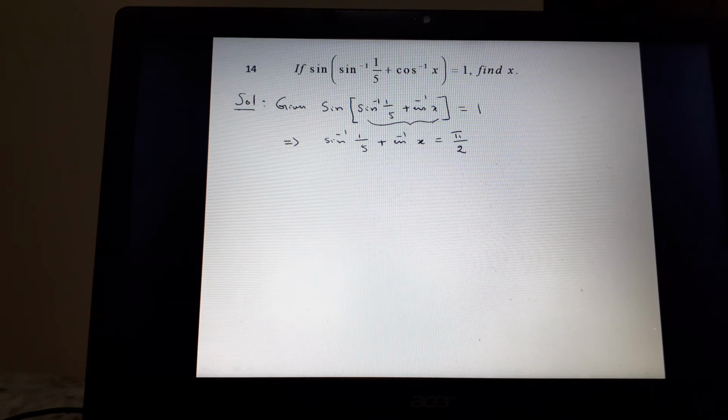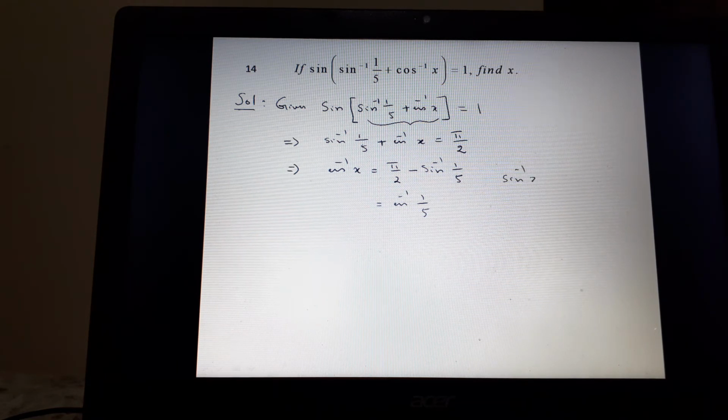So this implies cos inverse x equals pi by 2 minus sine inverse 1 by 5. Here only we can say it, but let me write one more step. But this is cos inverse 1 by 5 because this is the property.